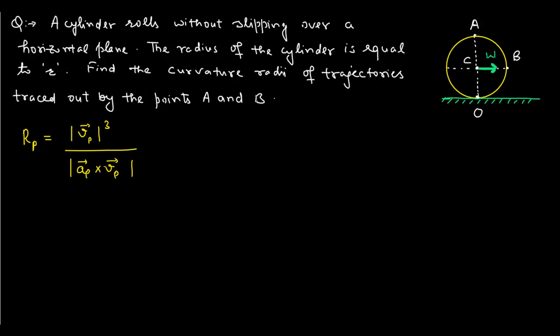So in order to get this radius of curvature of a particular point, here these points are A and B, we need velocity of point A and B and the acceleration of point A and B.